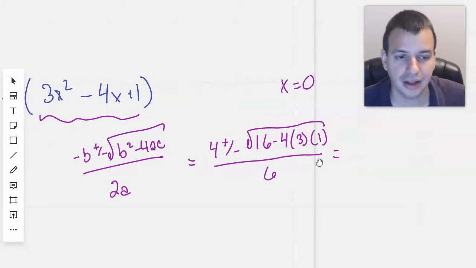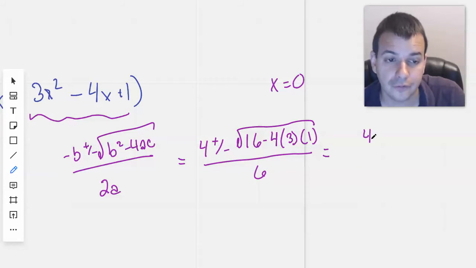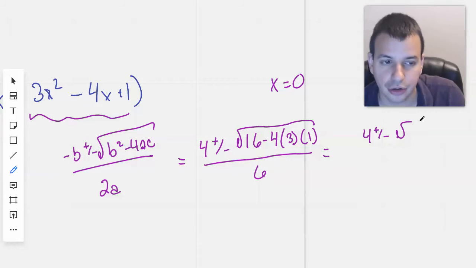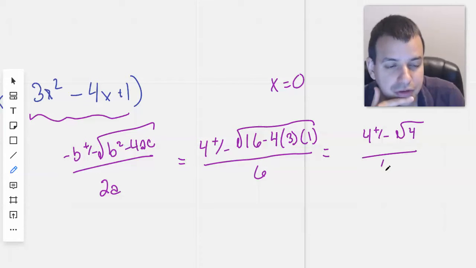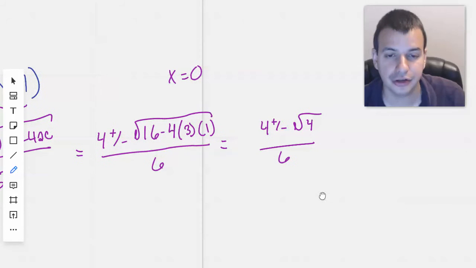Okay, and we're left with 4 plus or minus the square root of 16 minus 12, which is 4, all over 6.